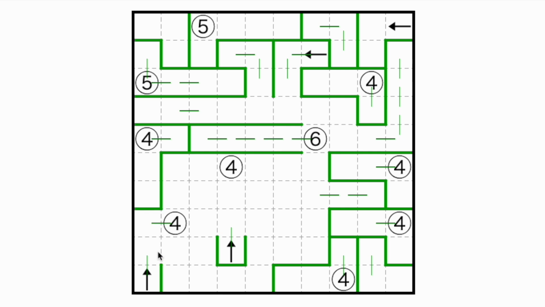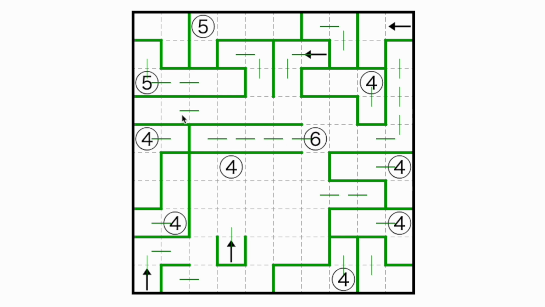This has got to go east, which puts a line there. This has got to turn. Now this 4 is fully defined, and this has to come out, and now that was a little burst of activity.